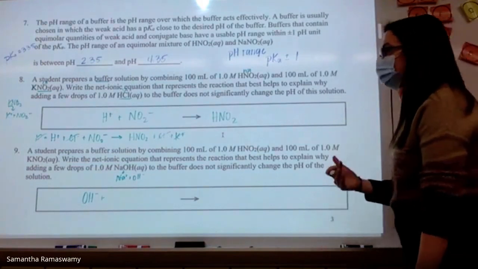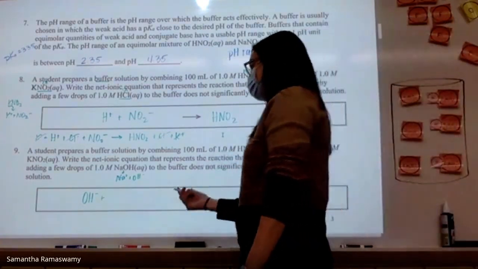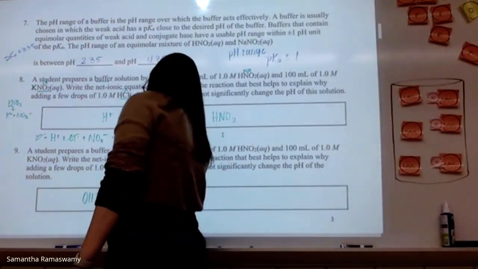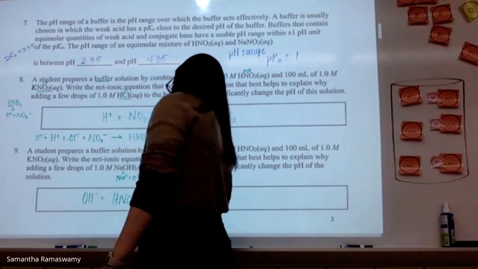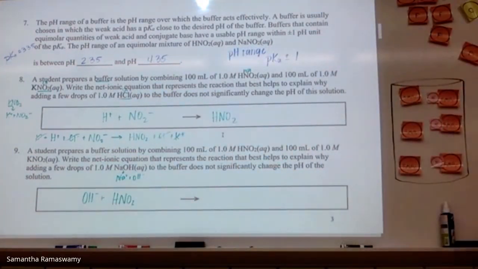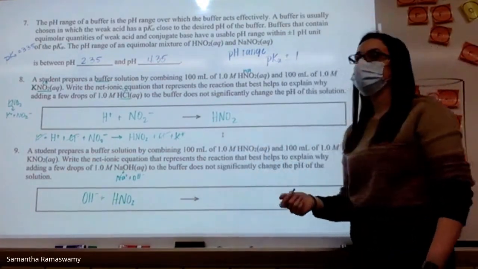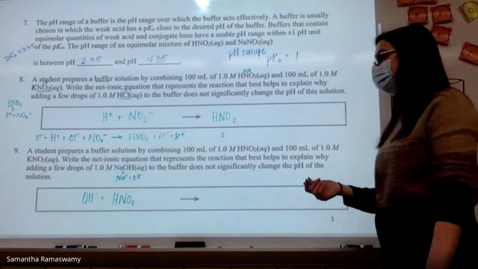OH minus is a base. So to neutralize, the acidic part of the buffer, which is HNO2, is going to react with OH minus. HNO2 stays together in a net ionic equation because it's a weak acid.